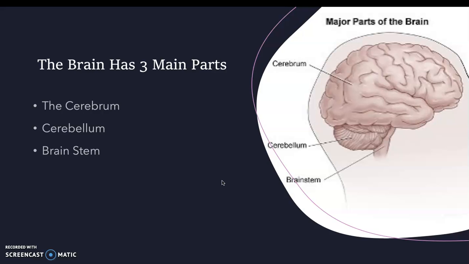And last but not least would be the brainstem. The brainstem is basically the middle of the brain. It includes the midbrain, the pons, and the medulla.